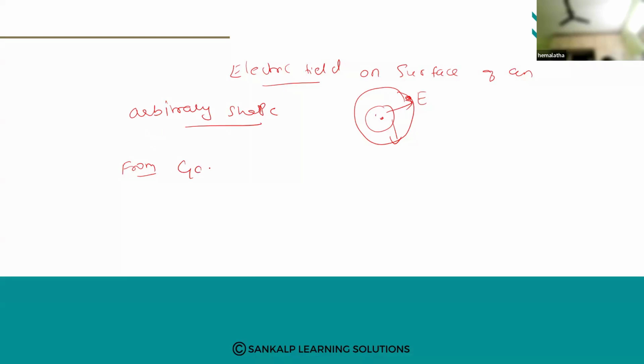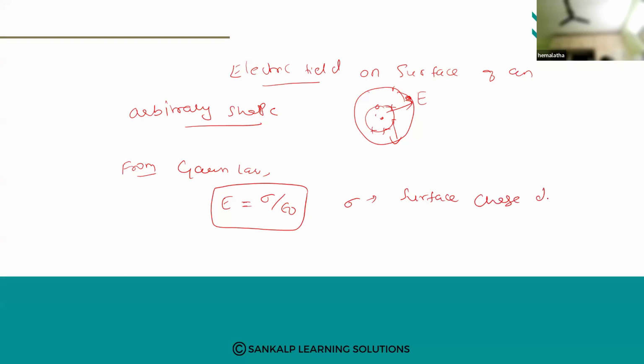From Gauss law, electric field E is equal to sigma by epsilon naught. This is the one equation. Where sigma is what? Surface charge density.